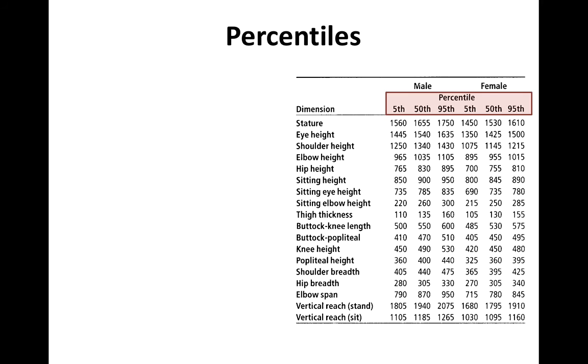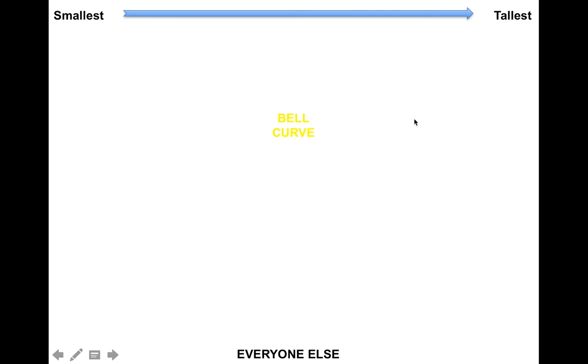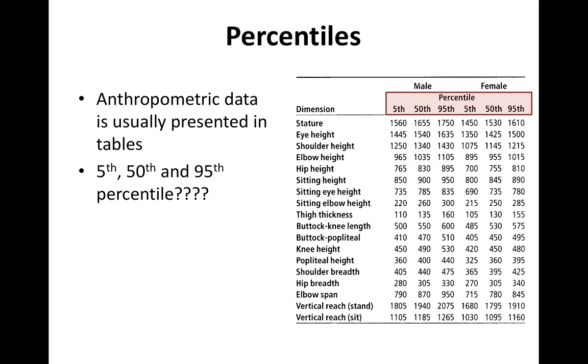Now, when you look at anthropometric data, you will get these things called percentiles. Okay, now a percentile represents the smallest and the largest group of people, the smallest and the largest average.